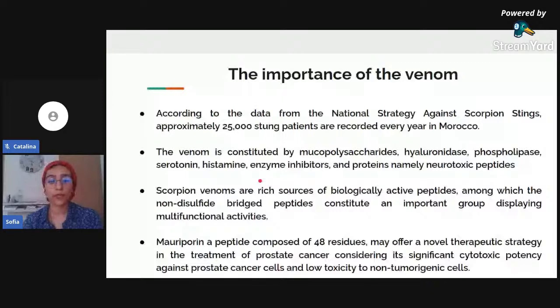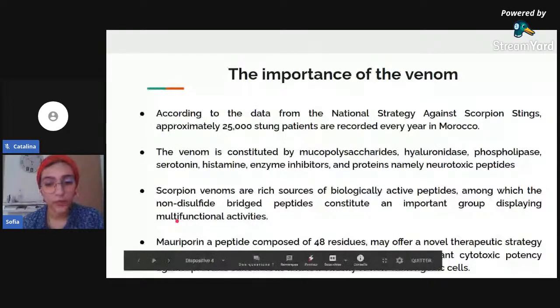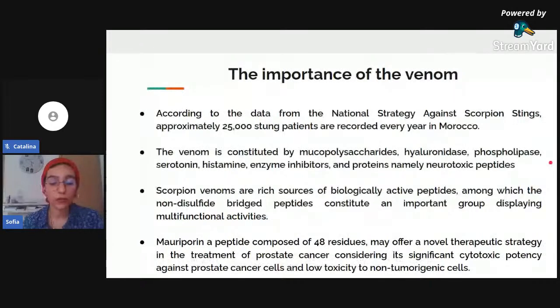And they also have the non-disulfide bridge peptides that constitute an important group displaying multifunctional activities. For instance, the moriporin, which is a peptide composed of 48 residues that may offer a novel therapeutic strategy in the treatment of prostate cancer, considering its significant cytotoxic potency against prostate cancer cells and low toxicity to non-tumorigenic cells.